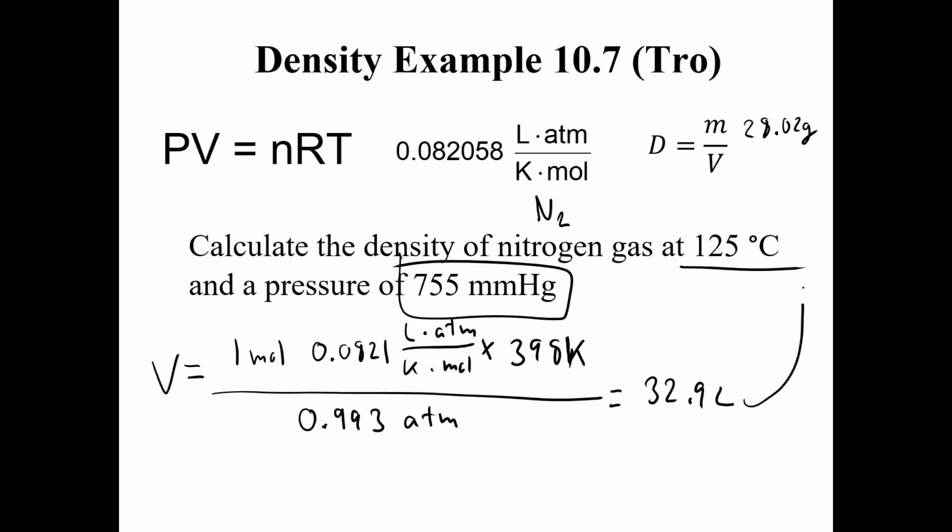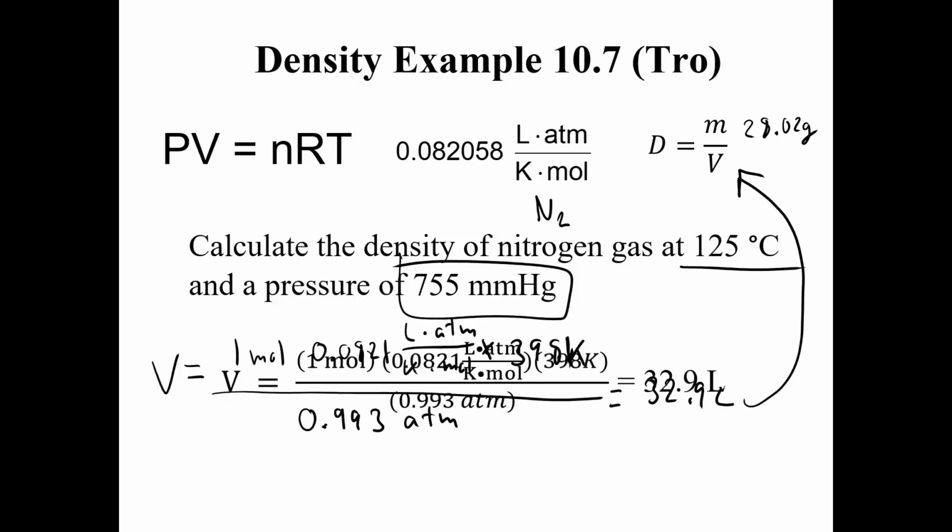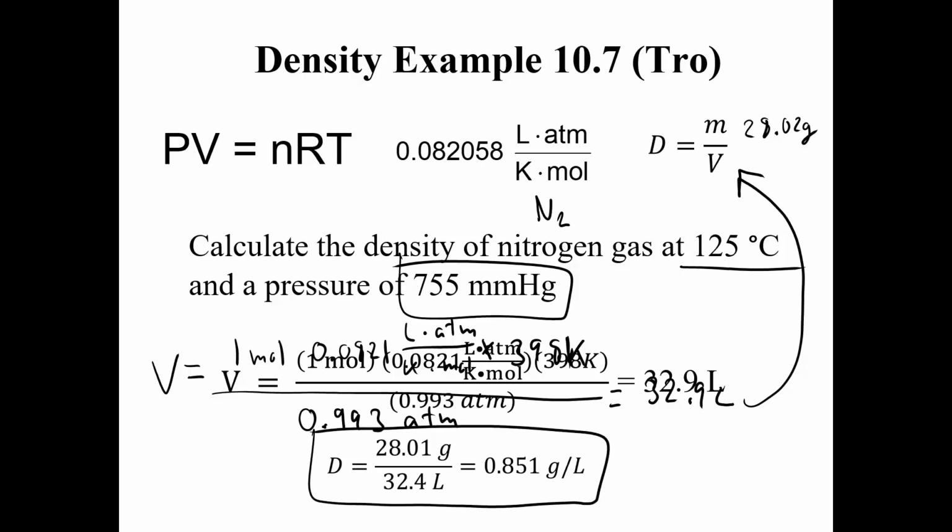And when I plug that into here, I have that down here. So lucky me, right? There you go. So then the density is going to be 0.851 grams per liter. Okay, that's enough. 25 minutes is enough. And I'll see you in a little bit.